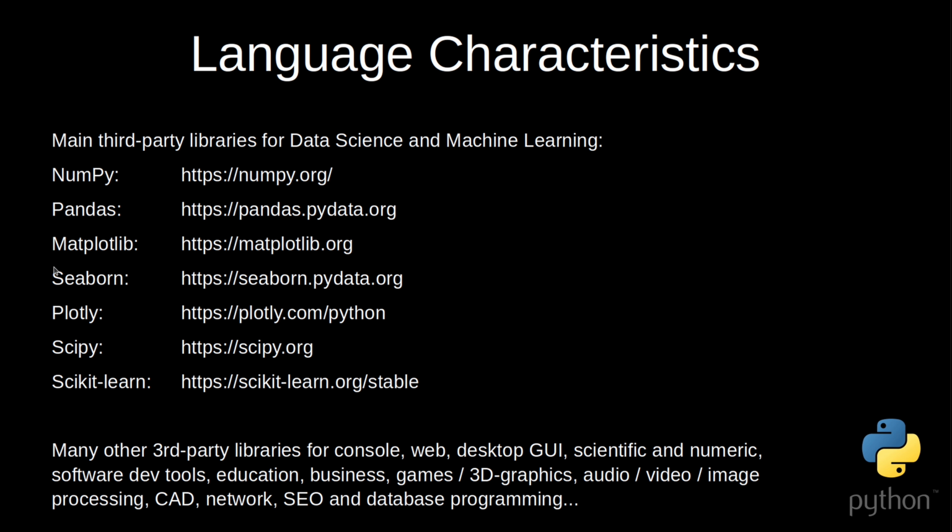So if you want to know about any lib or any external package, especially the most famous ones like these, you can simply type the name of the package in Google or any other search engine, and it will show you the respective site or URL for that package.